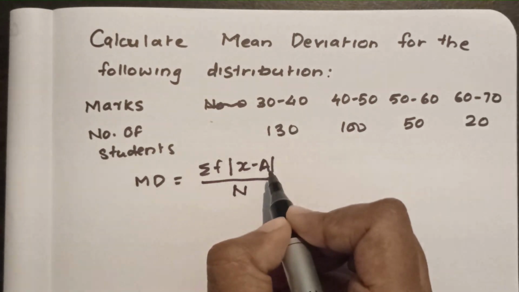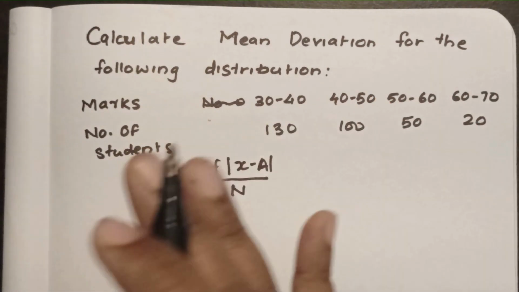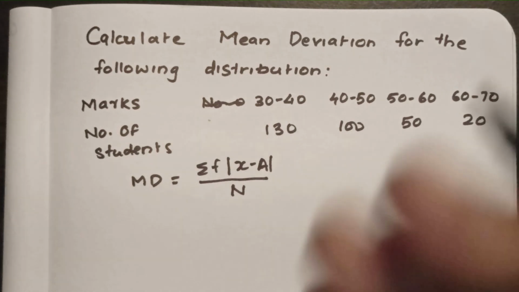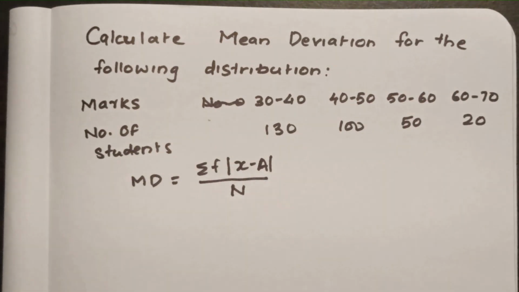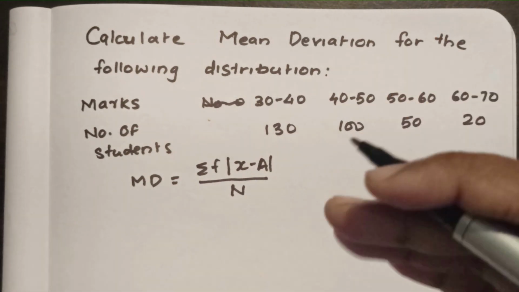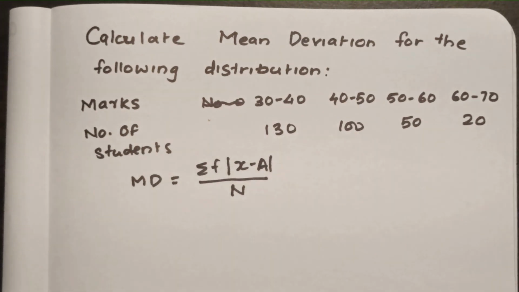This a can be either mean or median. In mean deviation, it is not necessary that we find it only through the mean. We can find it from the median also. But in this problem, I'll be finding it from the mean, and in the next practical problem, we'll find it from the median.